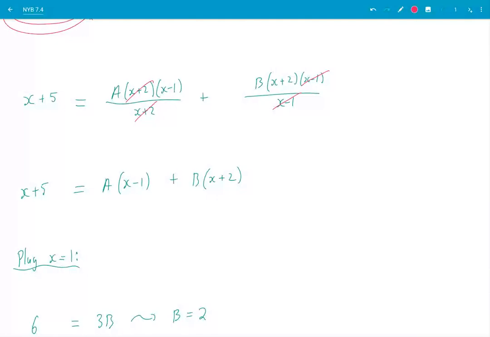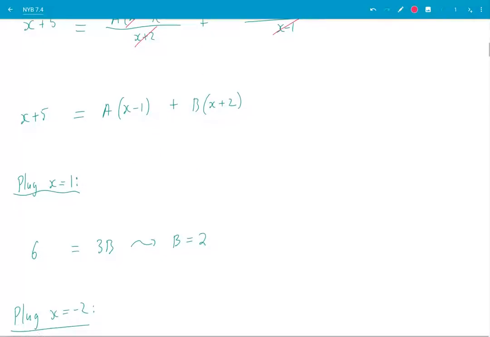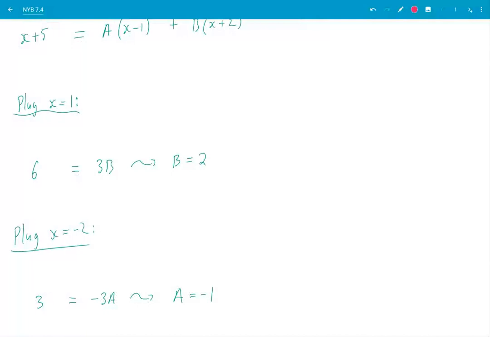And then immediately I have b is equal to 2, so I found b. Again, to repeat, I chose x equals 1 to make my life easy by killing this term. Next I'll go x is negative 2 to kill this term and thus find a. Pause and copy if you haven't done so already.